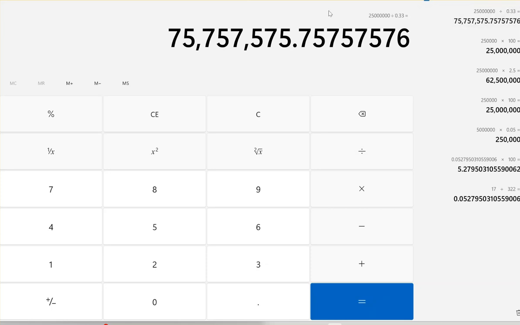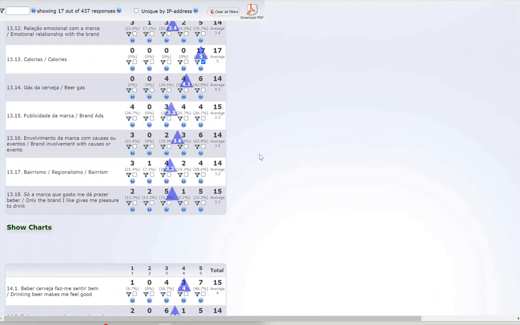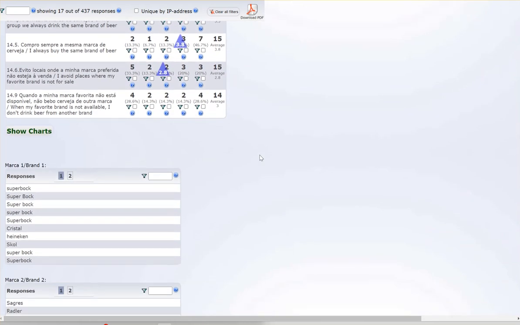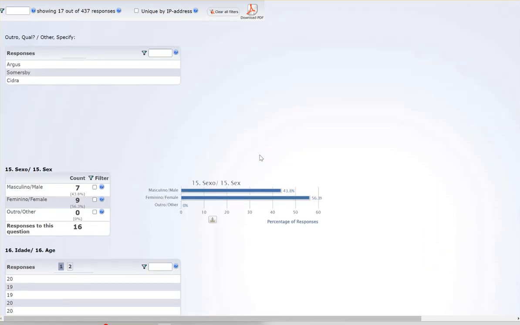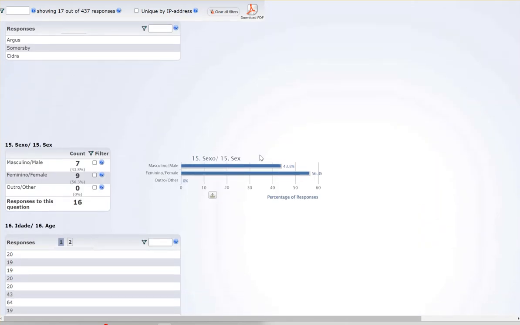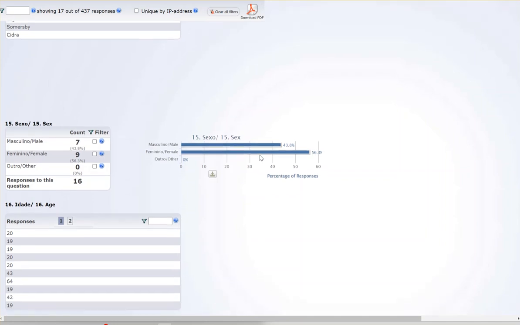So this also will help you to identify the characteristics of the segment, and you can also go to the survey and check that this segment is mostly female.